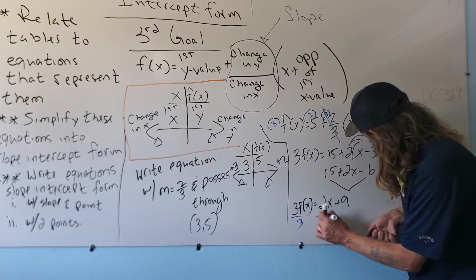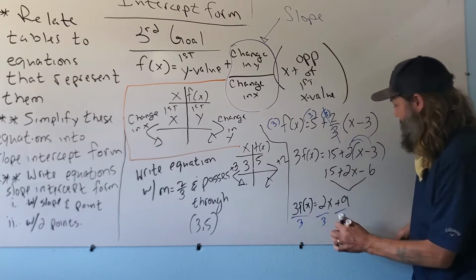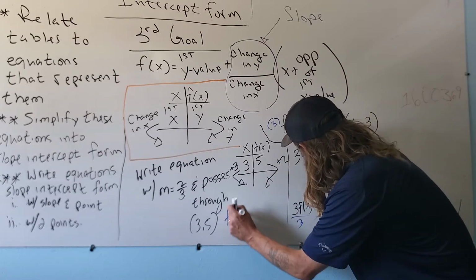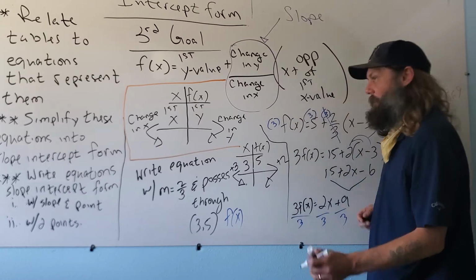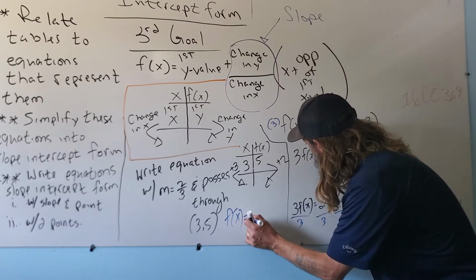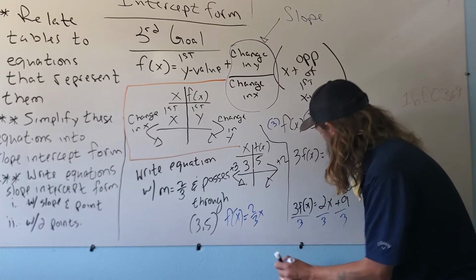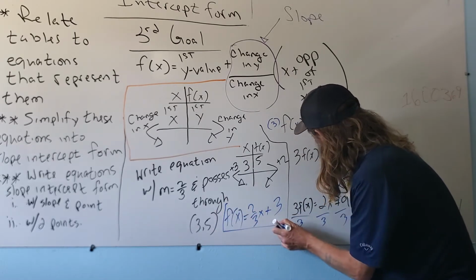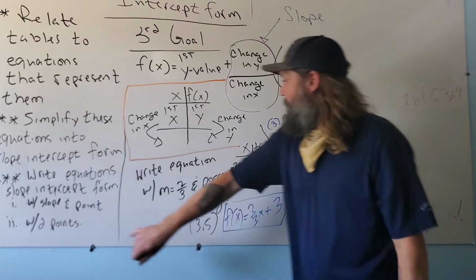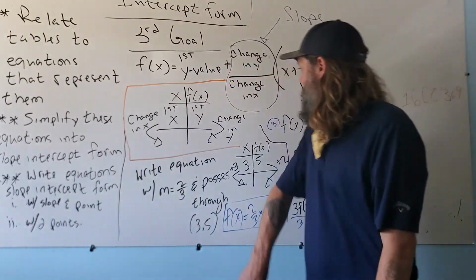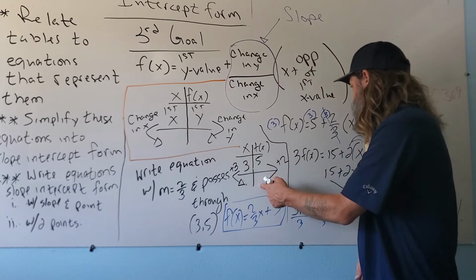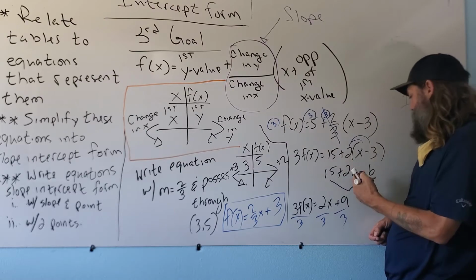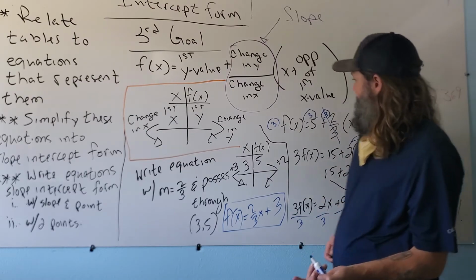We just divide away the 3, and we get our equation: f of x equals 2 over 3 x plus 3. That is the equation of the line in slope-intercept form when I've given a slope and a point. Remember, I put it into my table format, and then I plugged it in where it went. I eliminated the fraction, simplified the right side, and brought back the fraction when I was done.